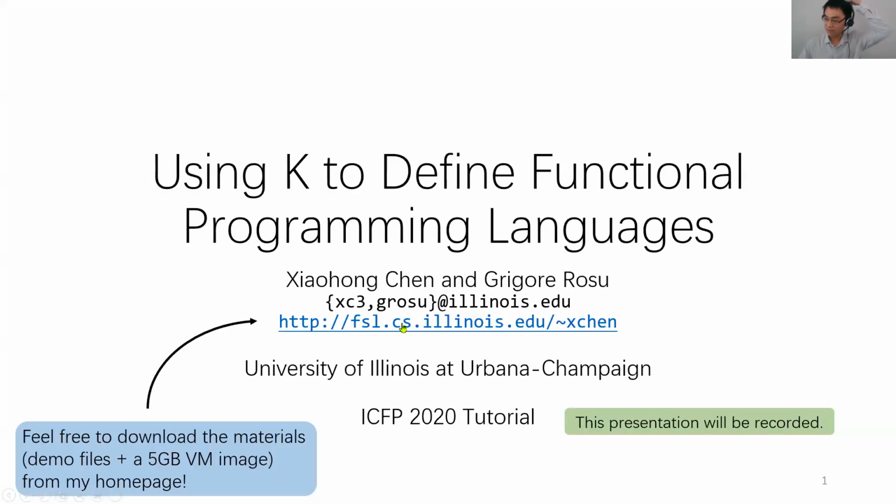Please paste the link to the homepage in the chat. I don't think it's clickable on your side. You have to type it in a URL, or you can search my name. The chat for the Zoom is not turned on for this session. It's disabled. I can go to Clouder and post a link there.